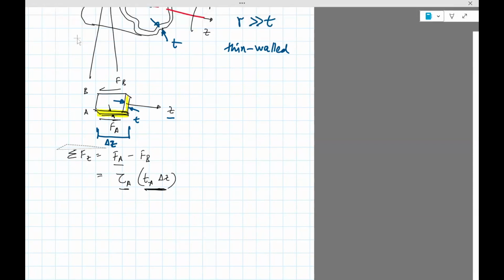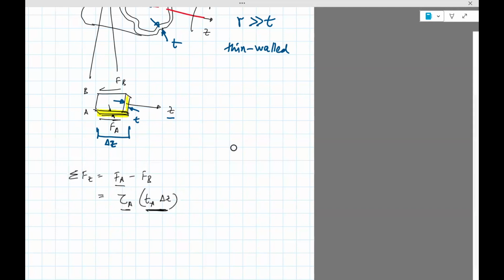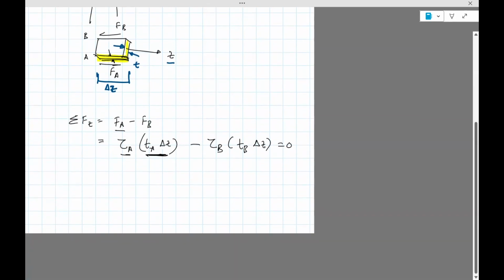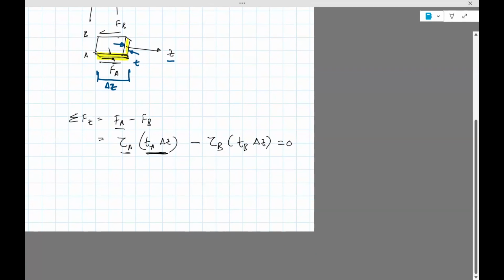And that's why that formula. And then the same thing can be written for B, which is tau B times thickness TB times delta Z. But the net force is 0. So we can write tau A TA equals tau B TB.